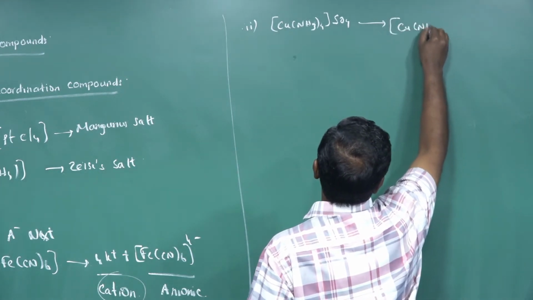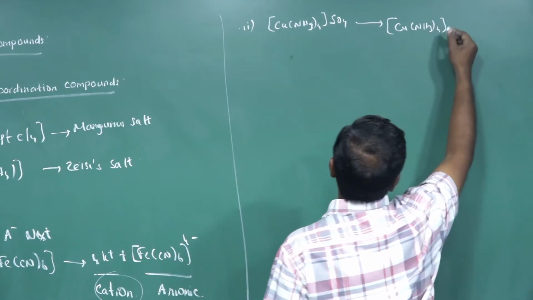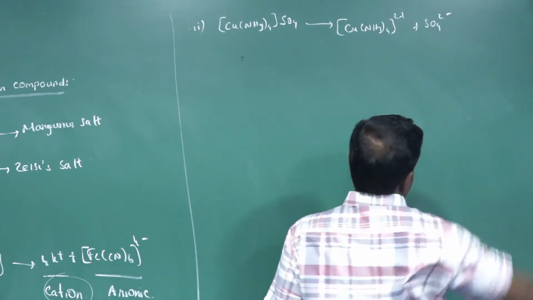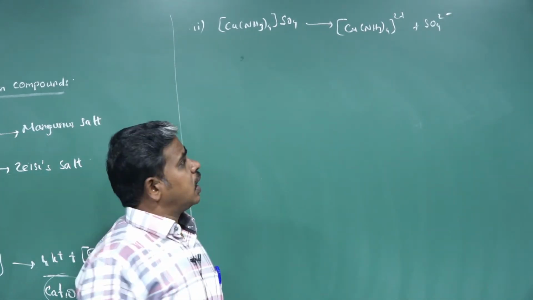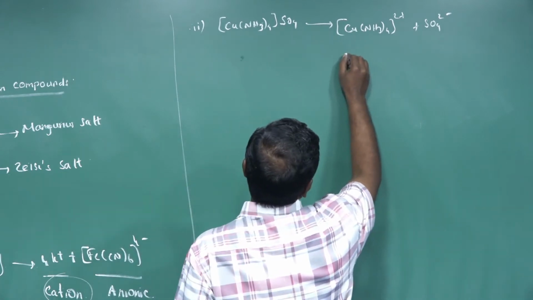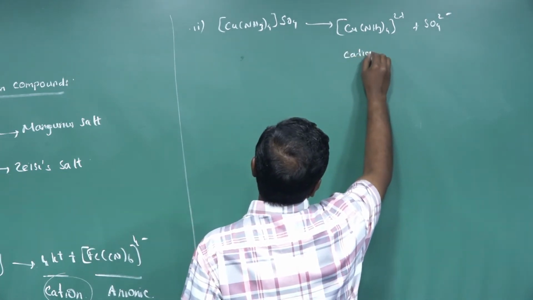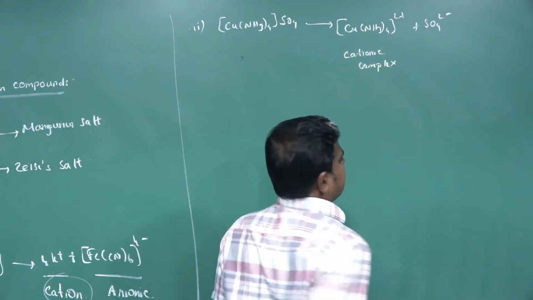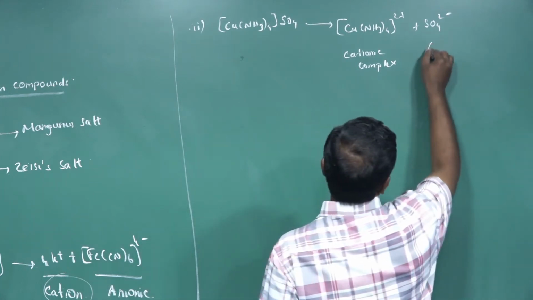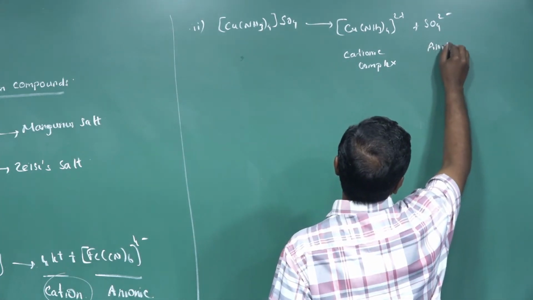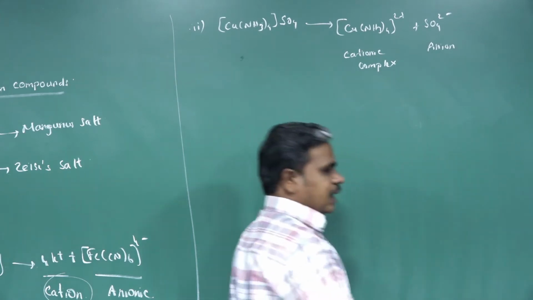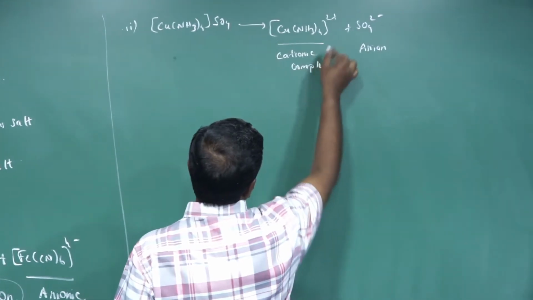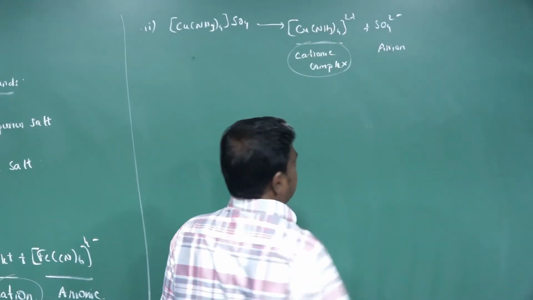[Cu(NH3)4]2+ and SO4 2-. Now here it is a cationic complex. So the complex is the cation, and after that it is a simple anion. Now how will you name it? The first one is the cation, and after that the anion.